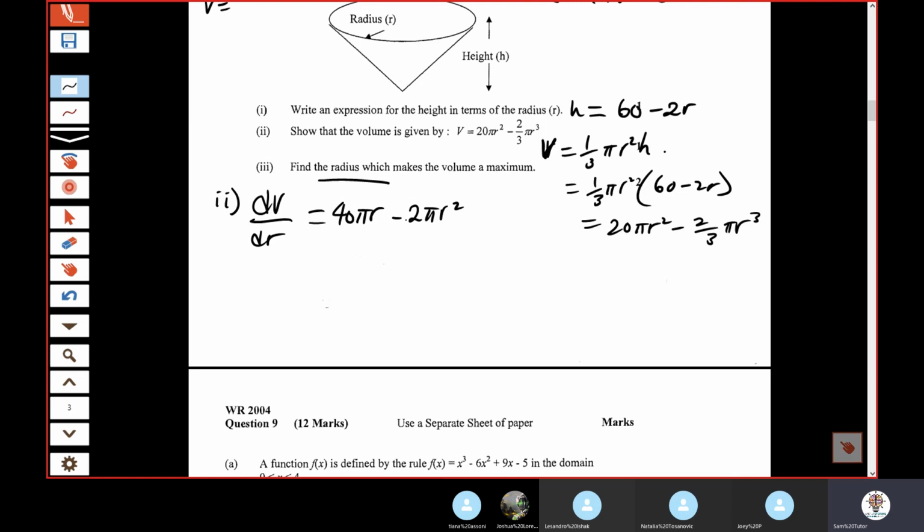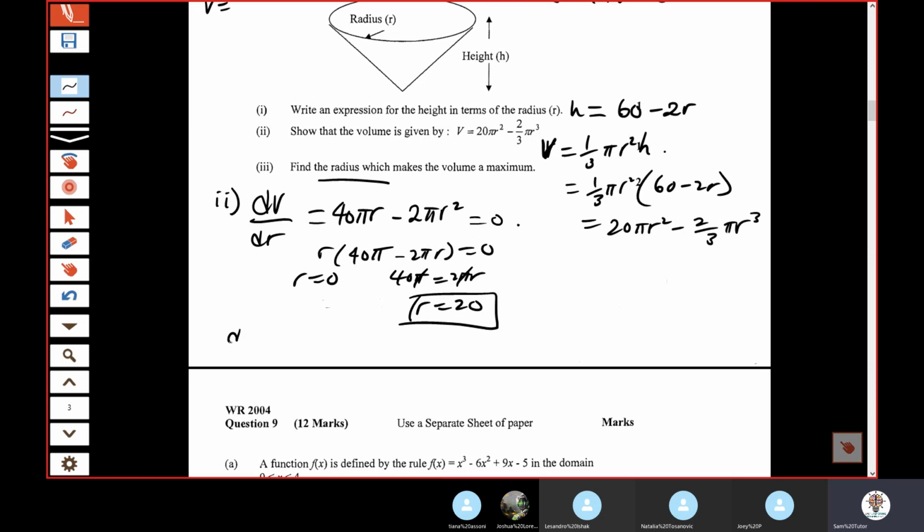It's annoying because now everything changes. Equals 0. I'm going to factorize r, but you could have just jumped into the quadratic formula if you feel more comfortable with it. R equals 0, which doesn't make sense. 40 pi equals 2 pi r. Pi and pi cancel. What does r equal? 20. And then we have to do our nature.